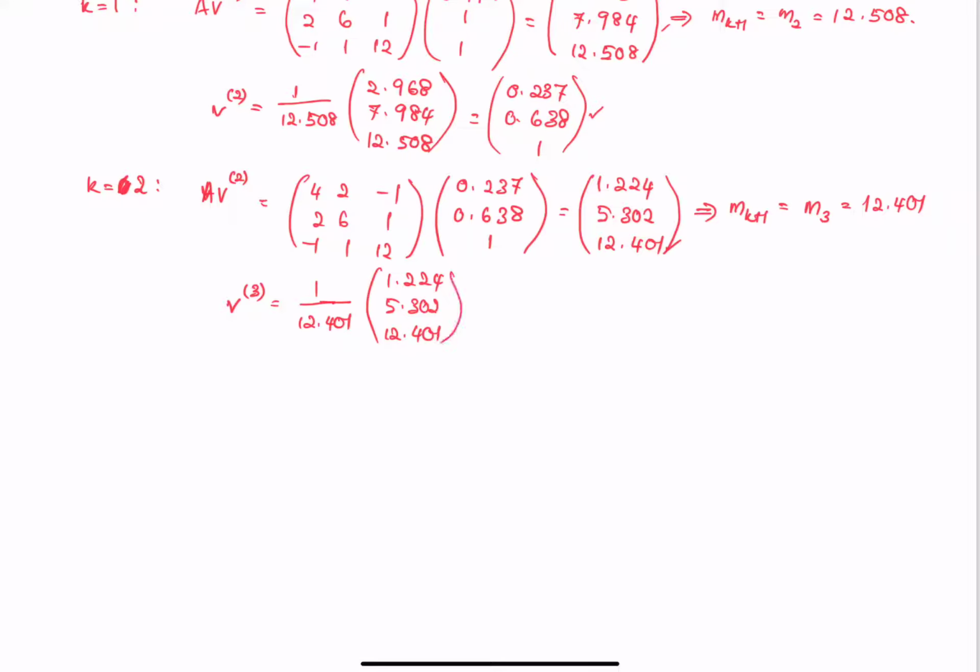And then we can have the answer is 0.099, 0.428, and 1. Now we can put everything in our table.